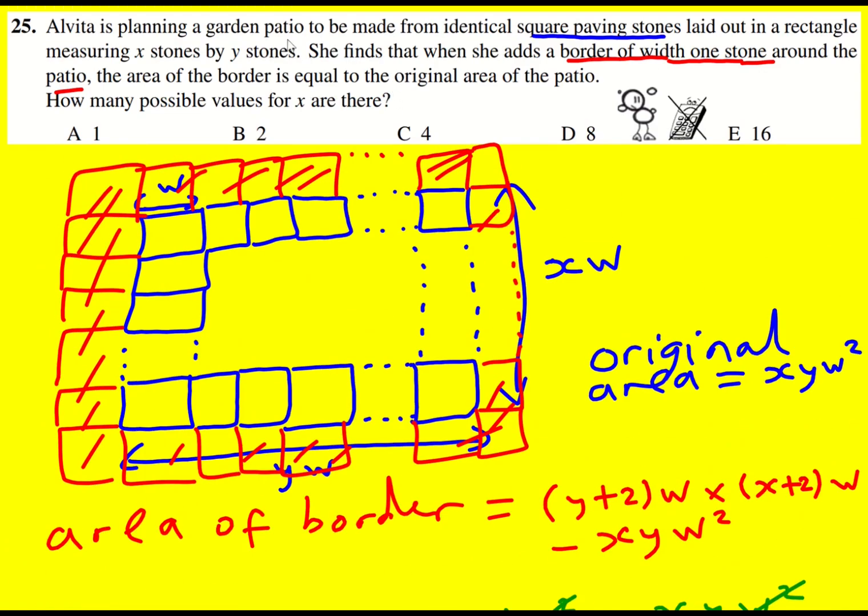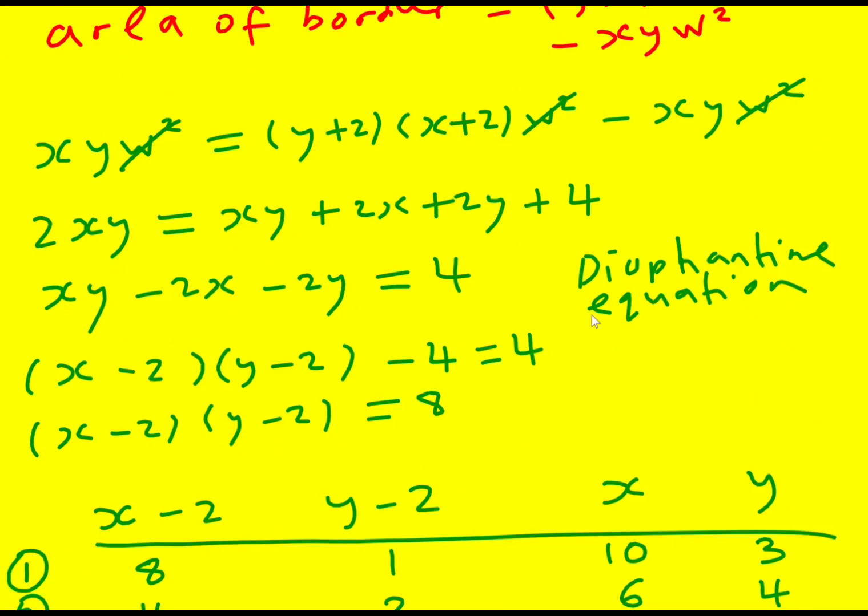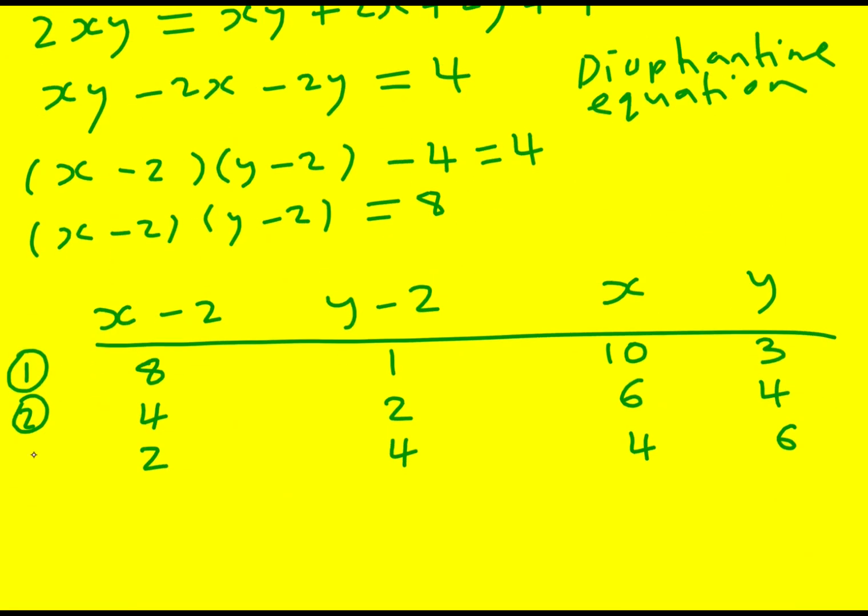It doesn't say anything about that. It's still a different patio because it's different values of x that there can be. So that's my third option. And then I'm going to go with 1 and 8. When I add 2, I'm going to get 3 and 10. So I just swap those around.